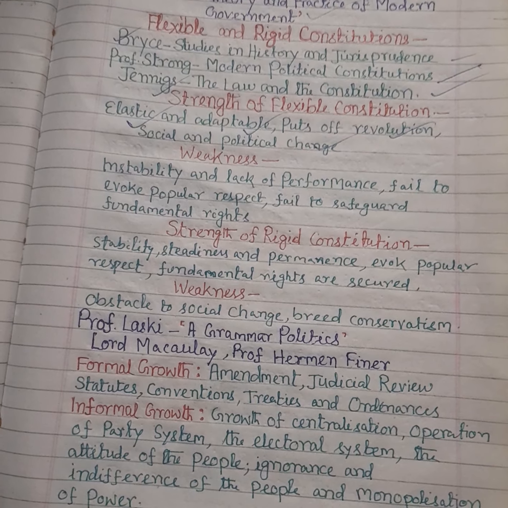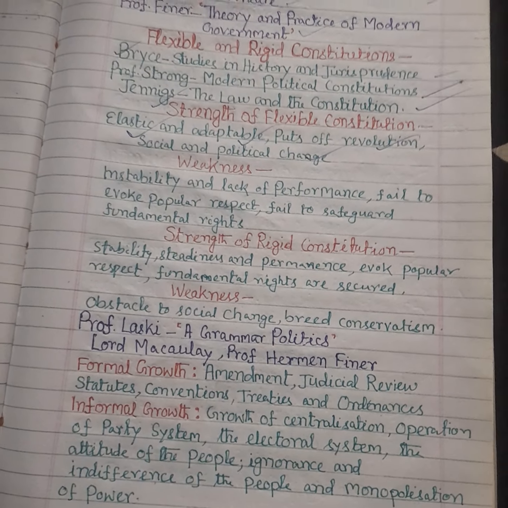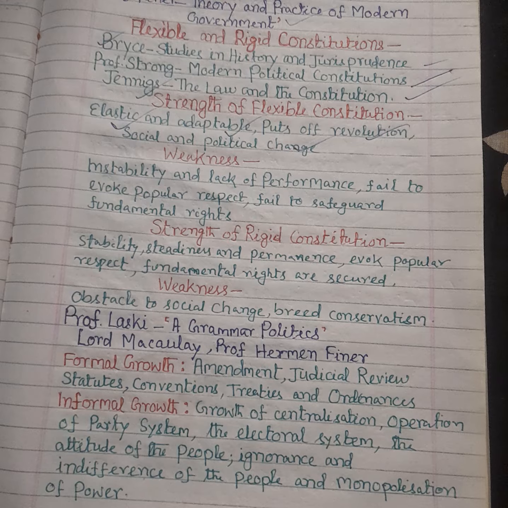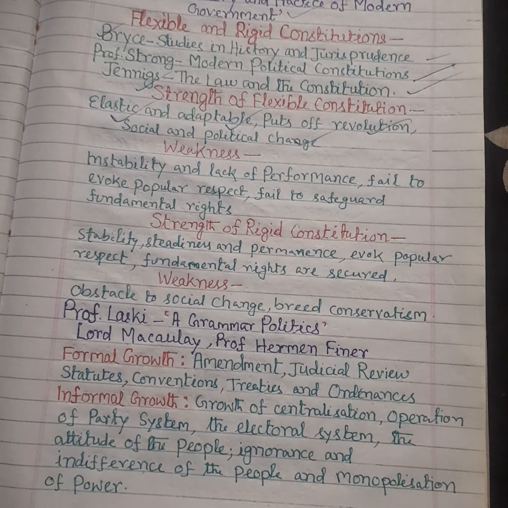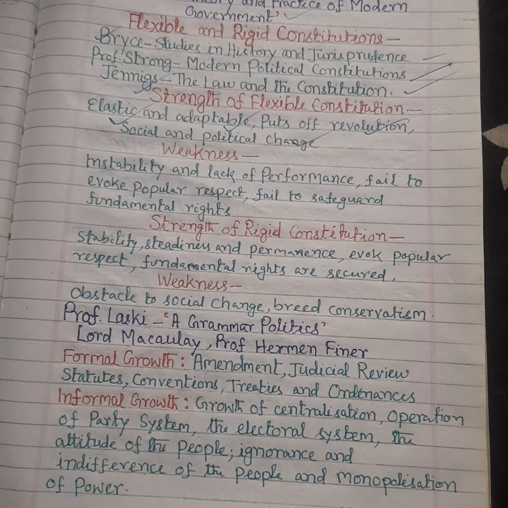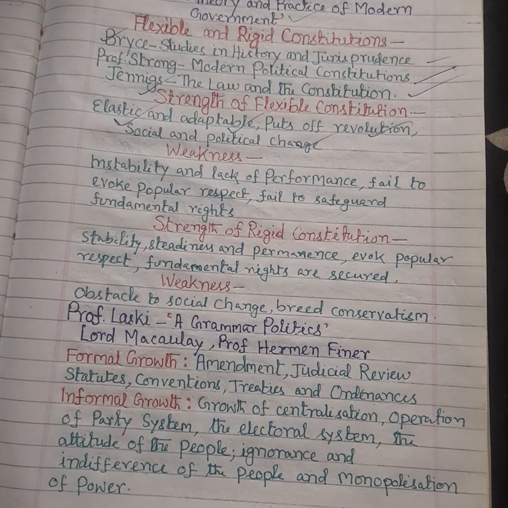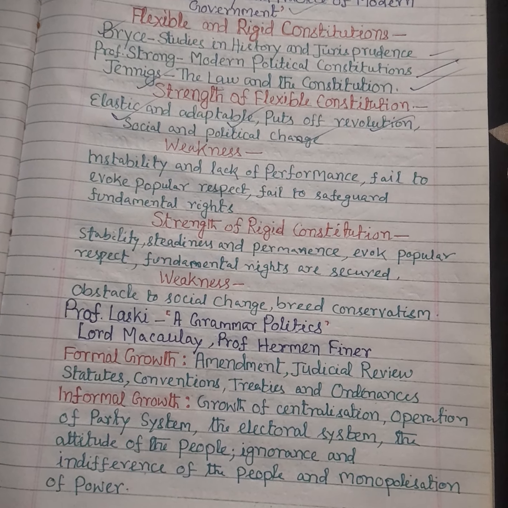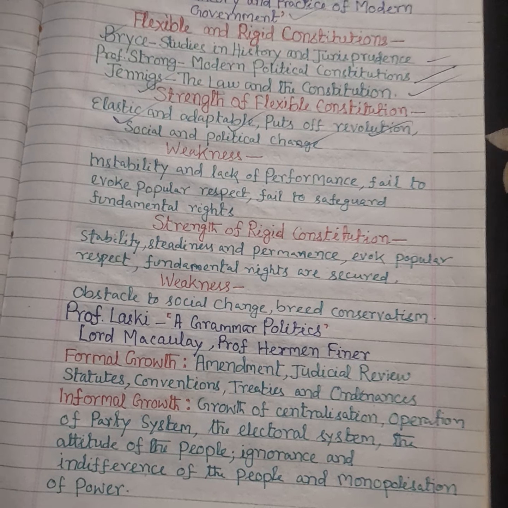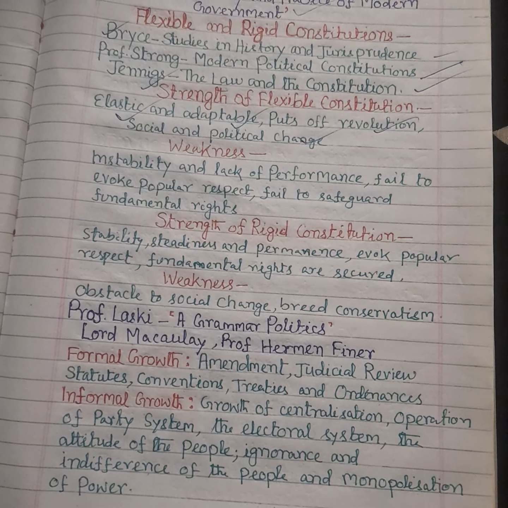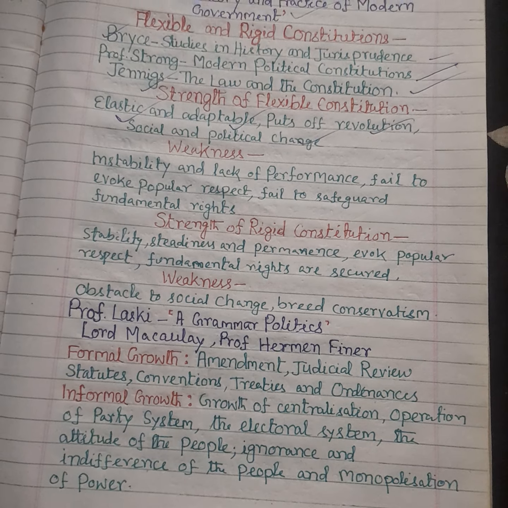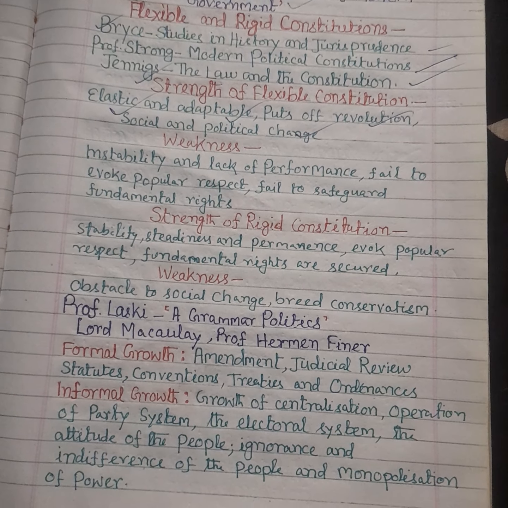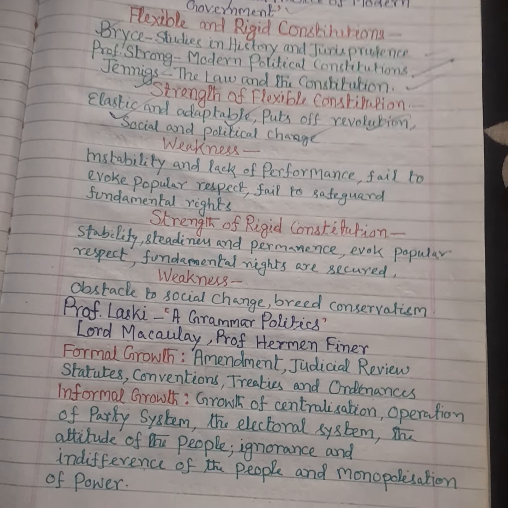So also, the flexible constitution is an asset which works for social and political change. It defeats the very human ingenuity to frame a so-called perfect constitution.